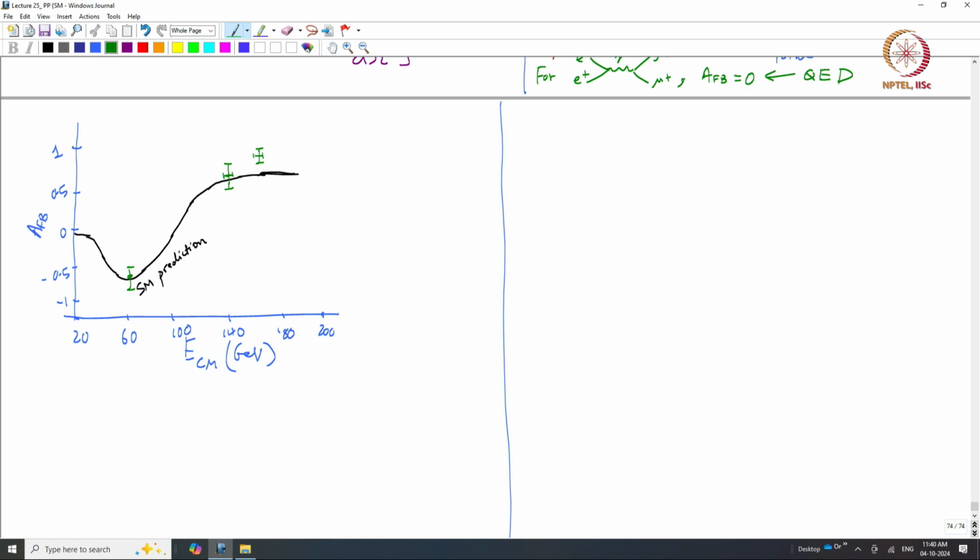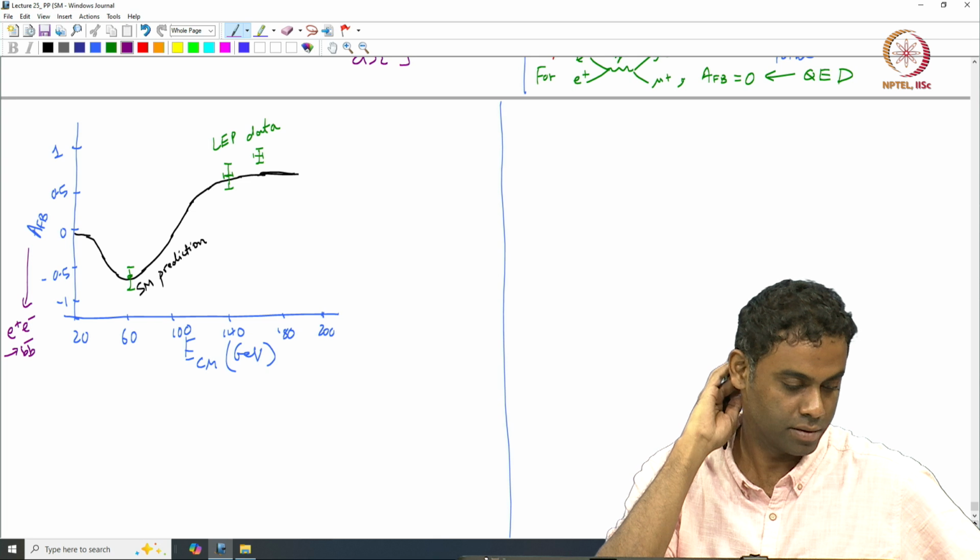The important thing is this is all data coming from the LEP collider. One little caveat is that this is actually e e to b b bar, not really mu plus mu minus, but it doesn't matter. In this process you can take b b bar also to be a massless final state. The point still holds.